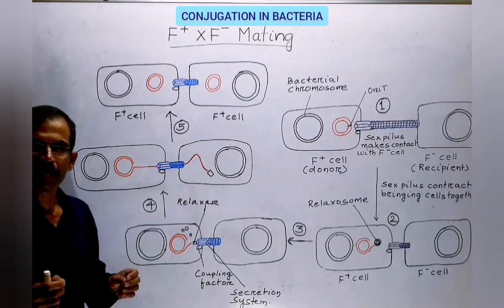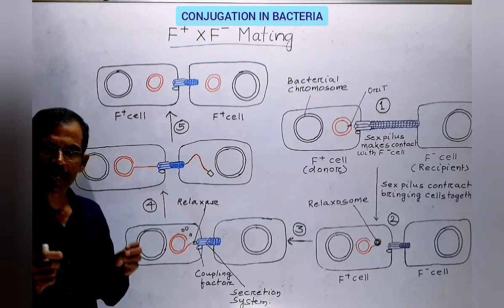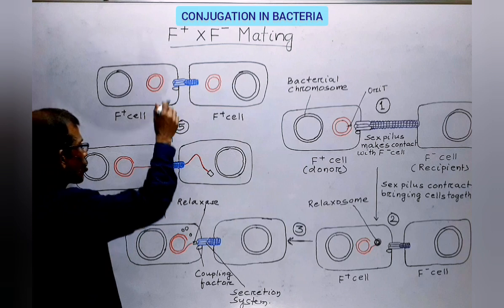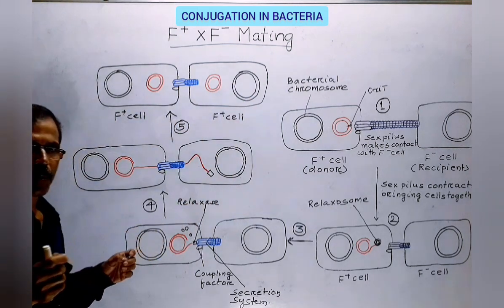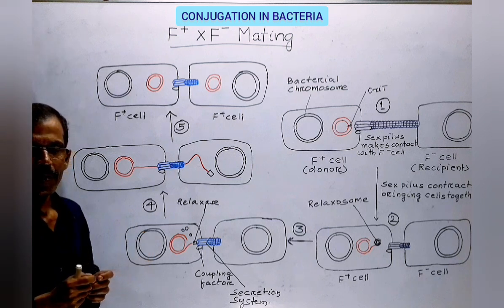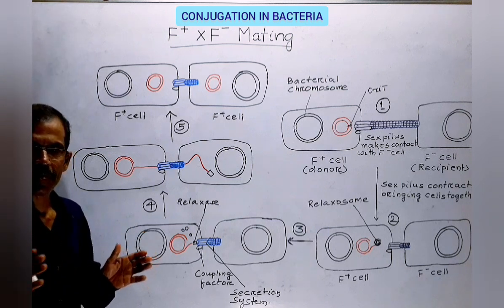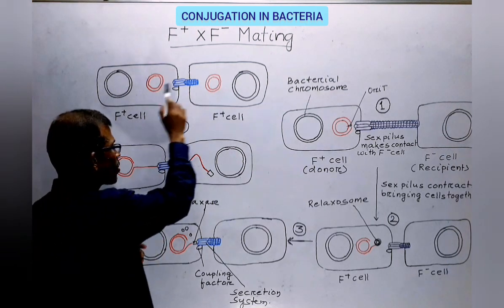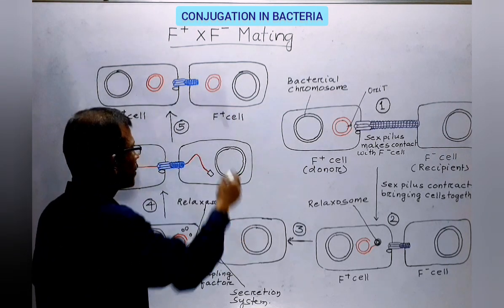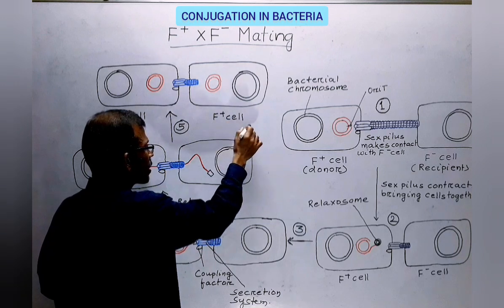So at the end of F plus into F minus mating, both the donor cell and the recipient cell have a copy of the F factor. It is because of the transfer of a copy of the F factor from the donor cell that the recipient also becomes F plus.